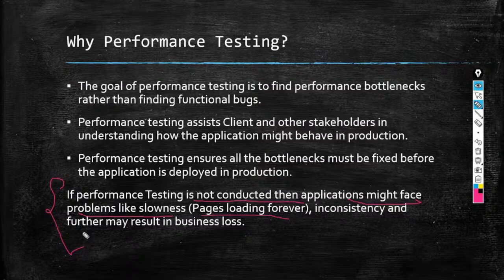Let's say they expected 1 lakh users. On that day, 10 lakh users accessed that application. So what happened? The load was 10 times more than expected. Then it can result in an application crash, and may further result in business loss. From the next time onwards, they have taken care of that.